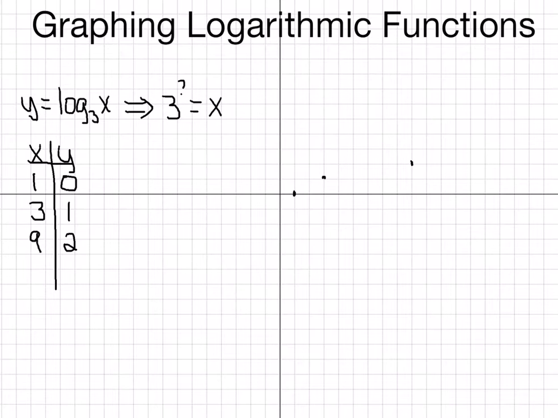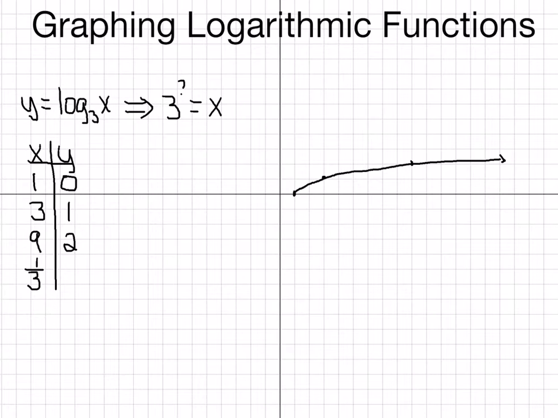All right? And maybe you can start to see, oh, as it goes to the right, it's going to kind of level off. It's going to gradually increase. But what happens as it gets closer to the y-axis? So let's go backwards. Let's go to a smaller number. I don't want to put in -1, because that might be a little more complicated. But how about 1/3?